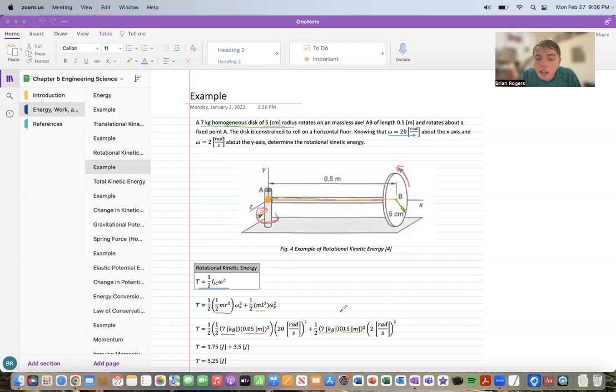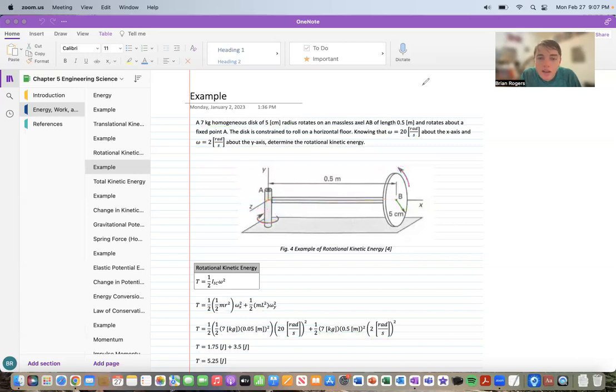And then using our omega, the omega that we're plugging in here for our disk is going to be 20 radians per second, whereas our omega for our axle is going to be 2 radians per second. And so using those, we're going to get a total rotational kinetic energy of 5.25 joules.